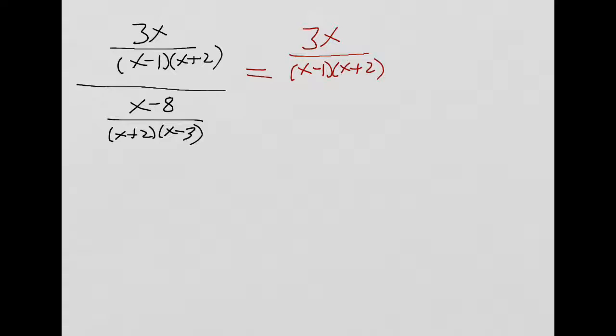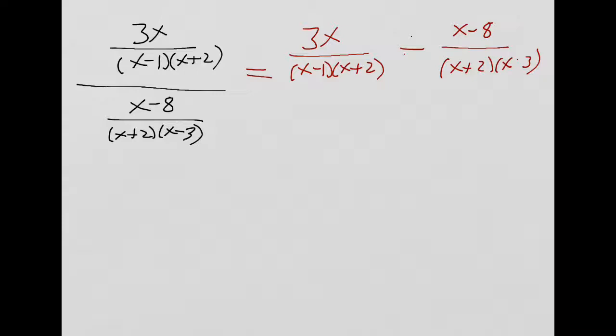So when we rewrite this, we can rewrite it with this division symbol. We are dividing these together. But as you should have learned, we actually never divide by fractions. What do we do instead? We multiply by the reciprocal of the second fraction.